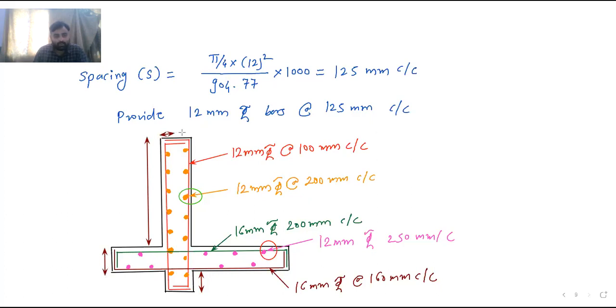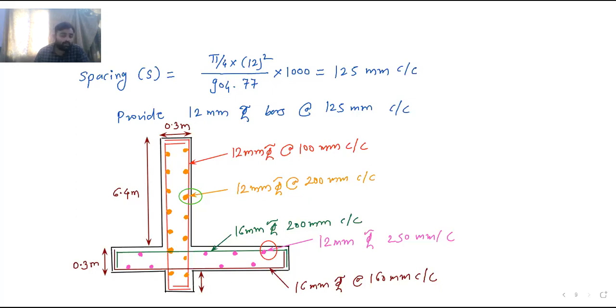This is also 0.3. Okay, so I will write over here. This is 0.3 meters. This is 6.4 meters. This is 0.3 meters.